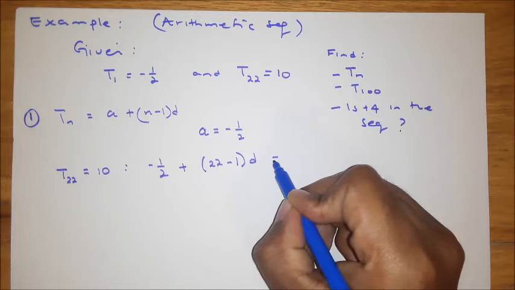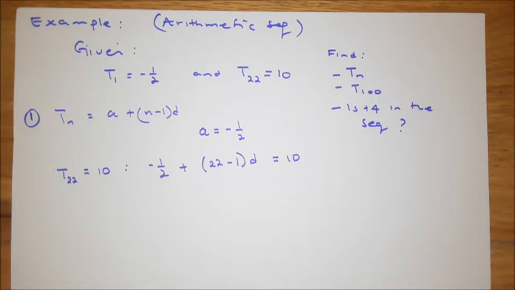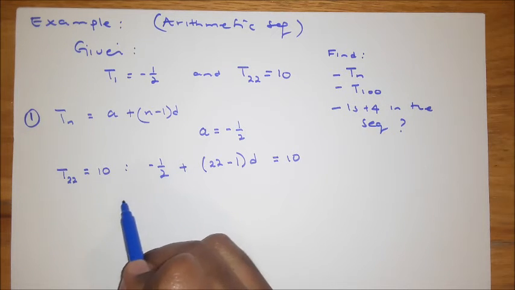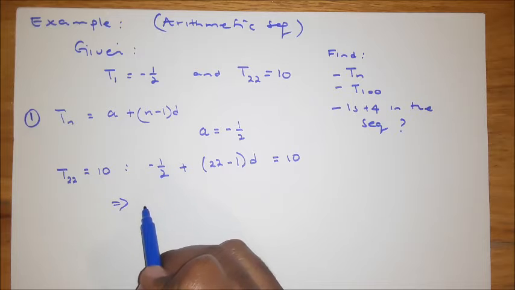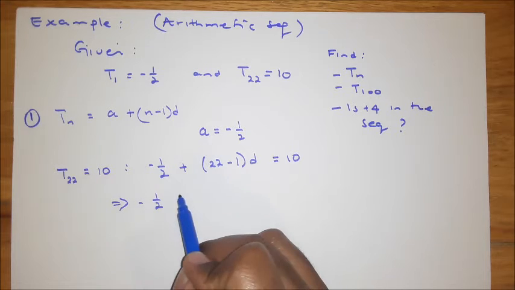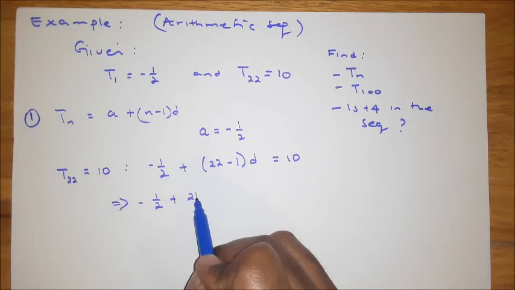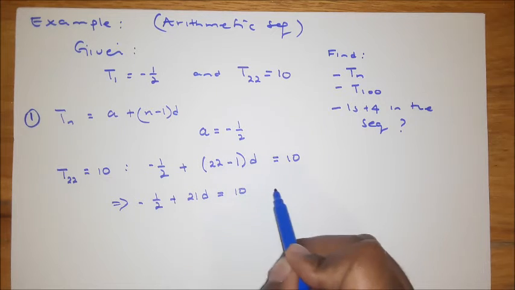This equals 10. So now we are going to be able to find the common difference. So it's negative half plus 21d equals 10.